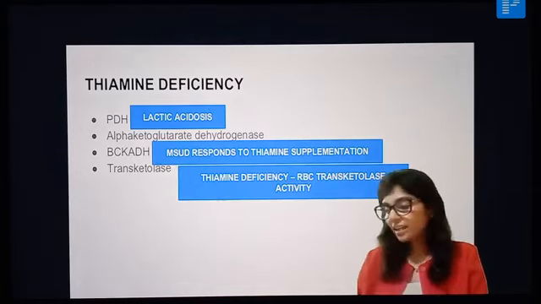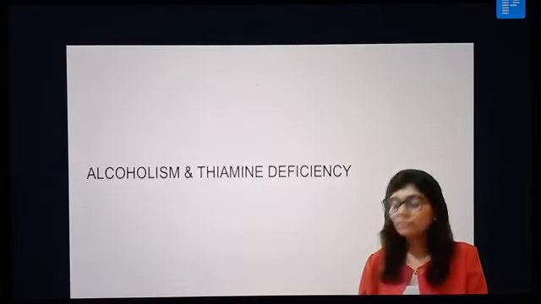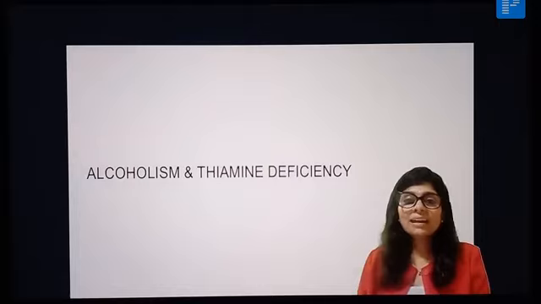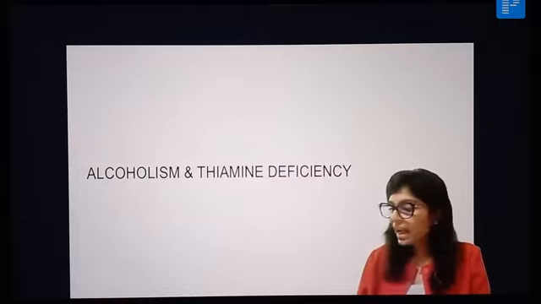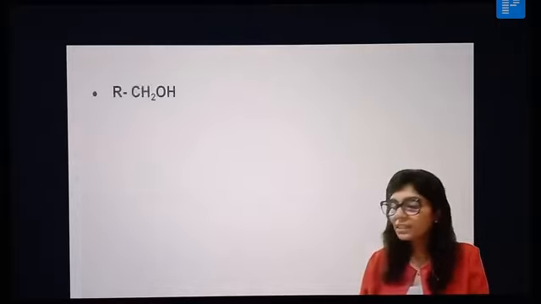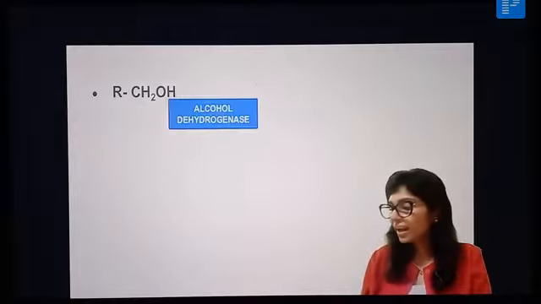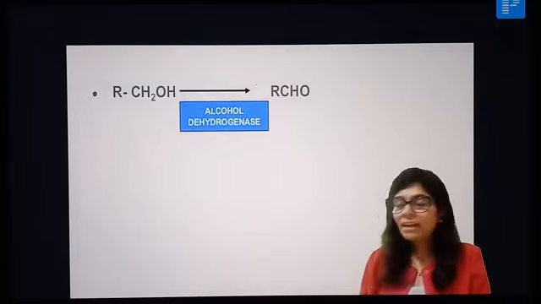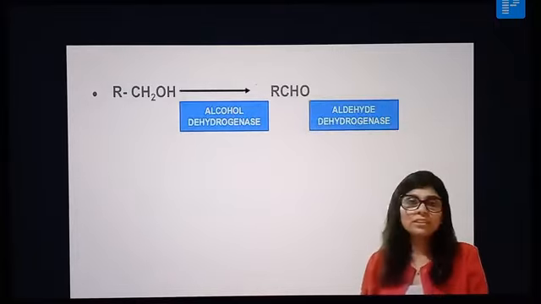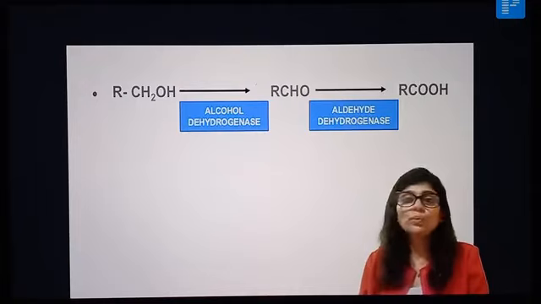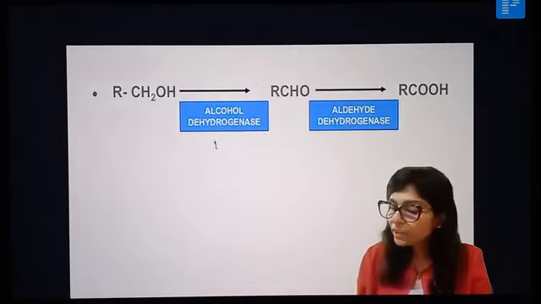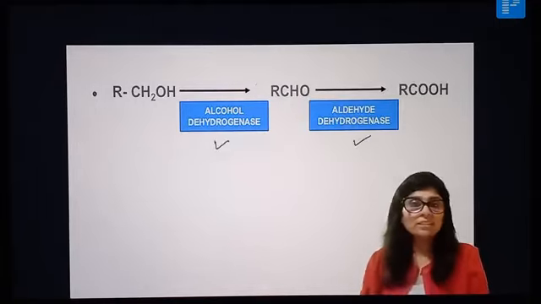Okay. Let's now learn about alcoholism. So how is alcohol metabolized? Alcohol is RCH2OH that is metabolized by alcohol dehydrogenase to form an aldehyde. Then an aldehyde dehydrogenase converts the aldehyde into an acid. Both these are dehydrogenases.